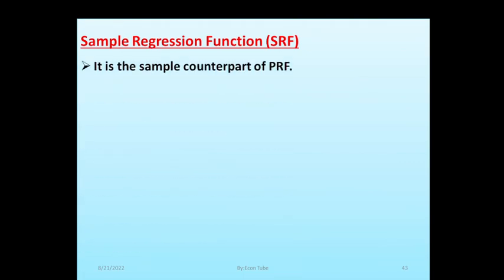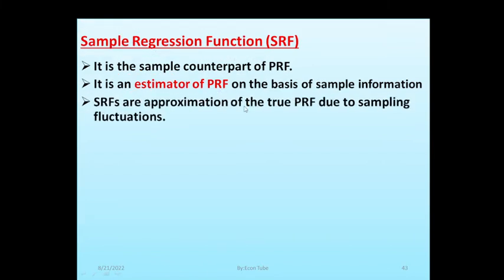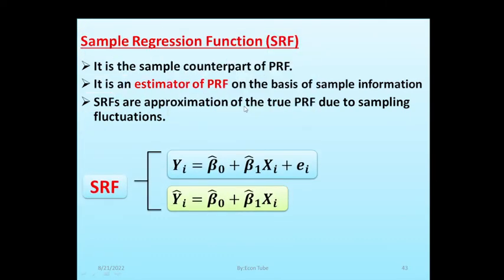Then there is the sample regression function. Since the sample is the counterpart of the population, this is an estimation of the population regression function on the basis of sample information. So SRFs are approximations of the true population regression function due to sampling fluctuation. From the population, we get this sample as yi equals beta naught hat plus beta 1 hat xi plus ei.